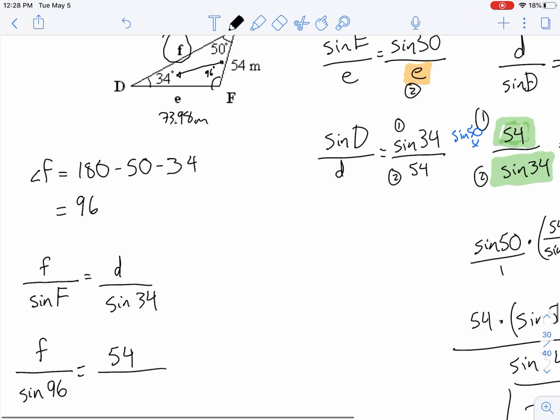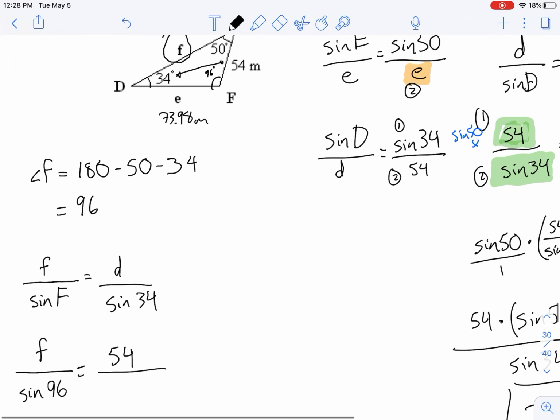So notice, once again, we have one complete ratio. So in green, this is a complete ratio. We have both the top and the bottom. Those are two numbers. We could divide those two, and we could get a decimal answer. I'm going to try not to give a decimal answer. I'm going to try to wait till the very end to round it, just so I'm not rounding mid-question there.